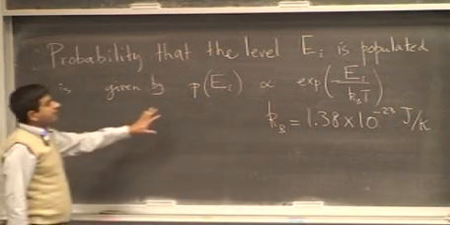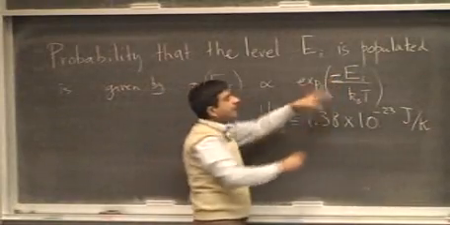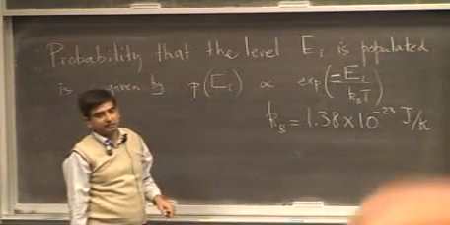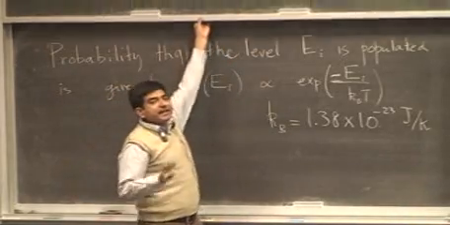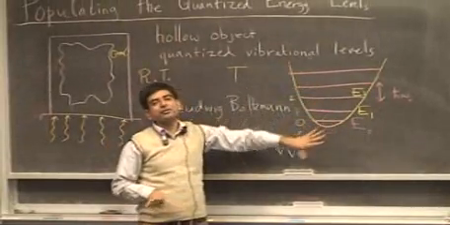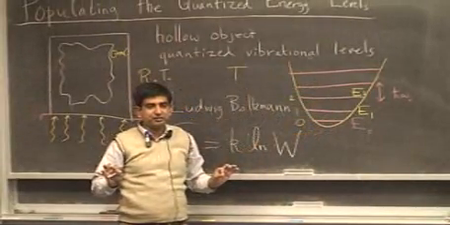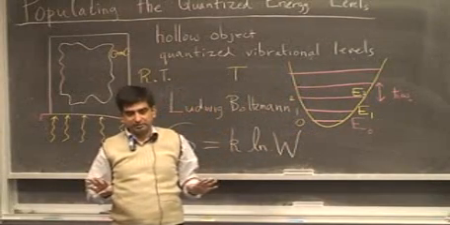So the probability that a particular level is occupied is proportional to this factor, exponent minus EI over kBT. What we could say at best is that if we have this harmonic oscillator at a particular temperature, we cannot be confident which level is populated.